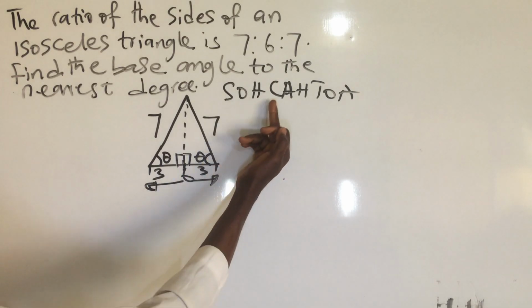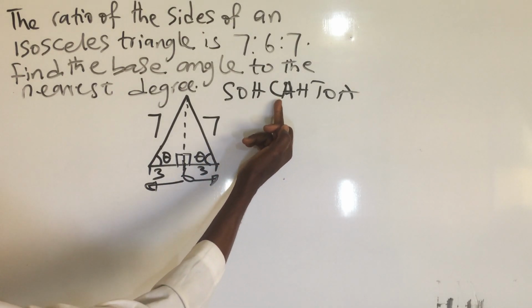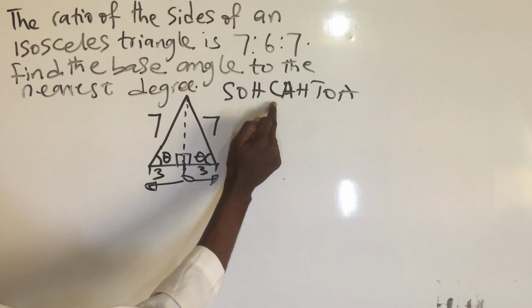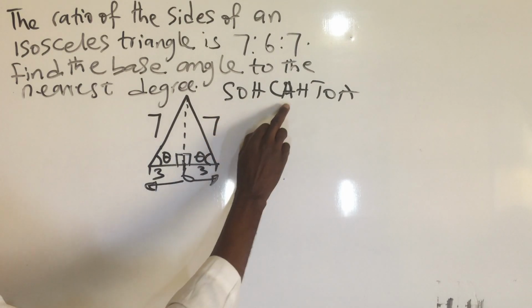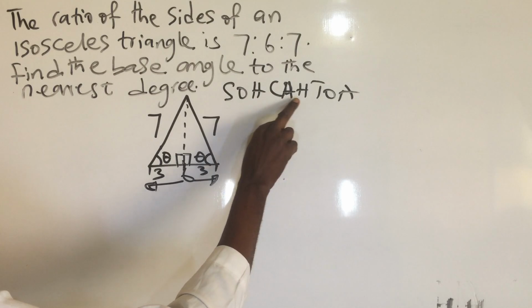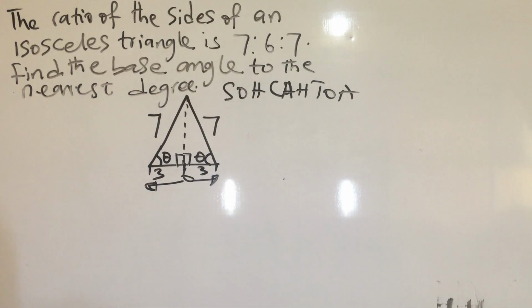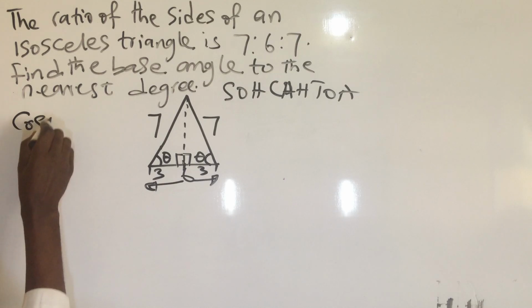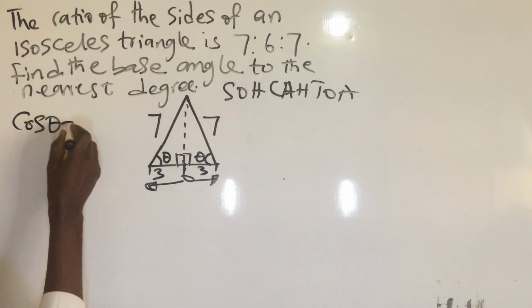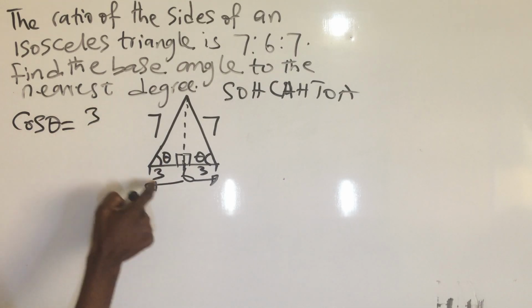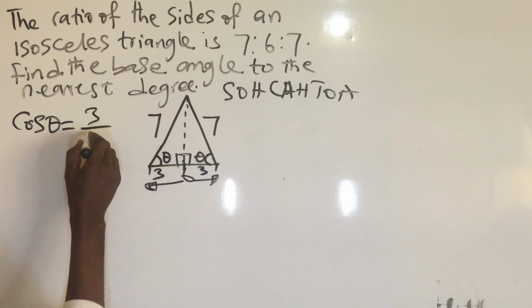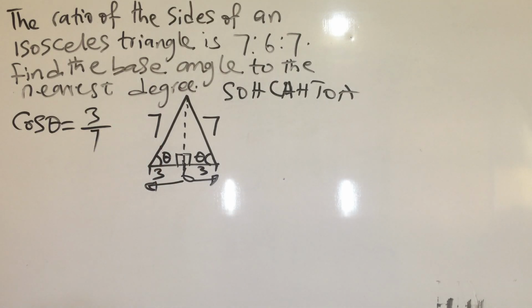So from there, we can now use cos, okay, which says cos theta equals adjacent over hypotenuse. Since we have adjacent and hypotenuse, it will now be cos theta equals adjacent, which is 3, all over hypotenuse, which is 7, okay?